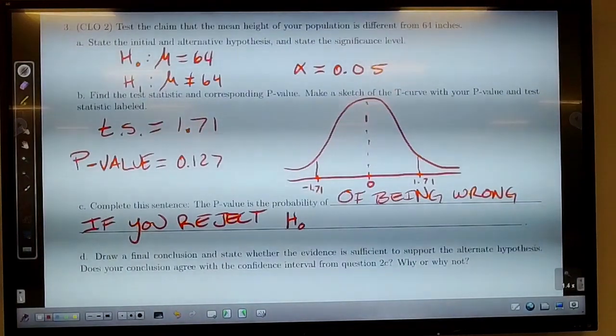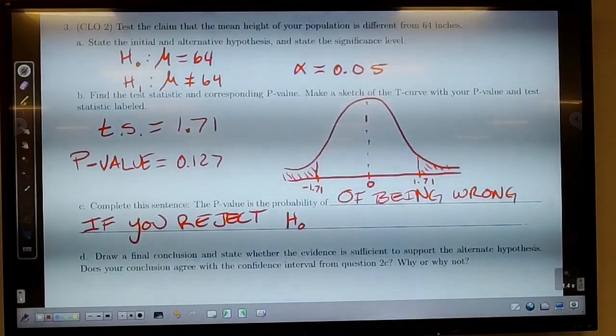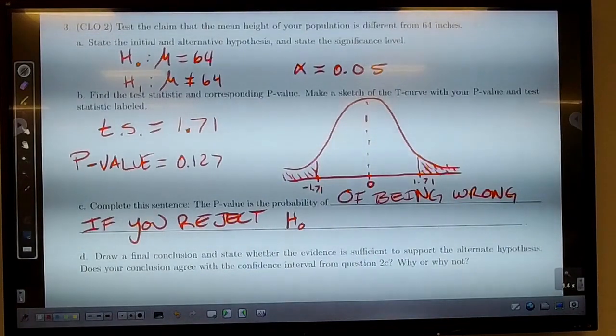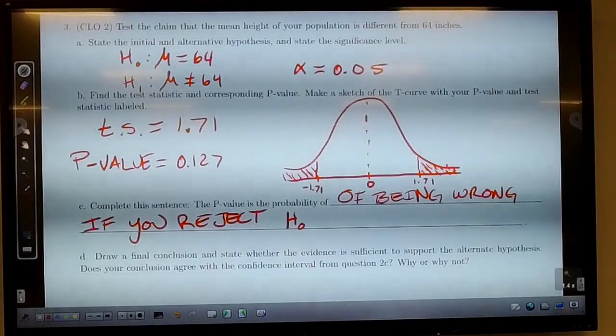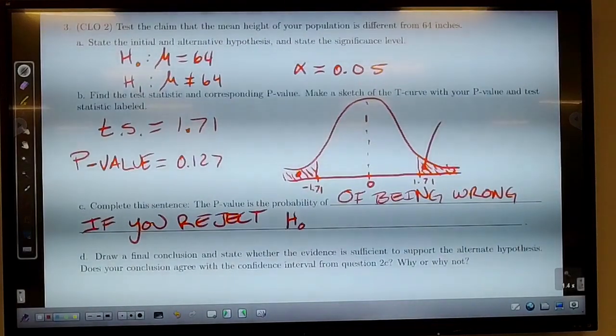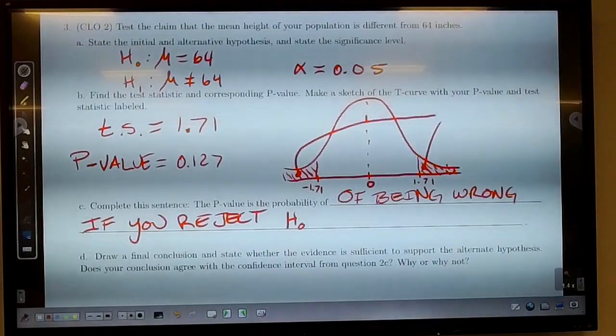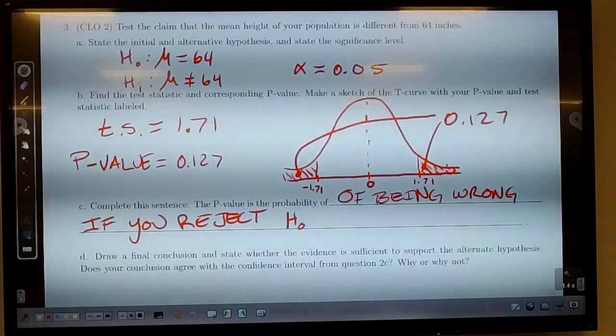It's a two-tailed test, so I need the positive one and the negative one. There, I now have my sketch of the t-curve with the test statistic, and these two areas are my p-value of 0.127.